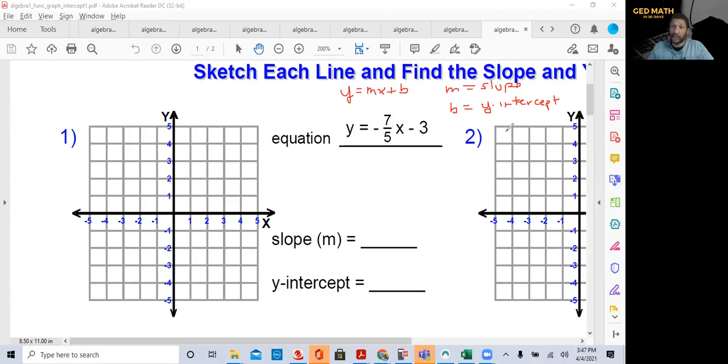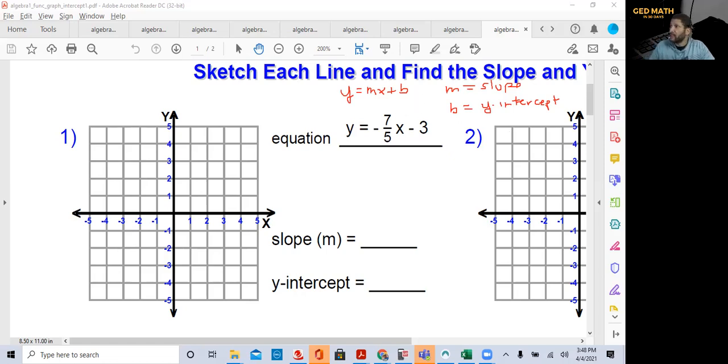So what do you think the x-intercept is? The x-intercept is where the line crosses the x-axis. So the definition is in the word: intercept means to cross, where it crosses the y-axis.